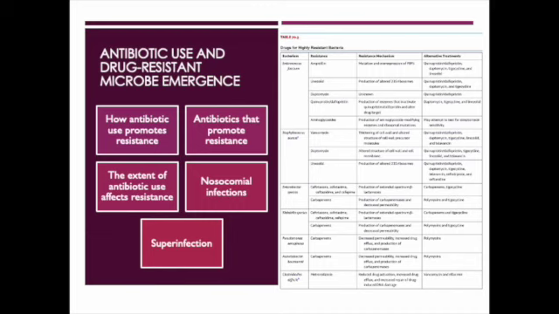So what is the relationship between antibiotic use and this emergent topic of drug resistant microbes? When we use antibiotics, it will promote the emergence of drug resistant microbes. That's just how it goes. But although antibiotics promote drug resistance, they're not mutagenic, and they don't directly cause the genetic changes that underlie reduced drug sensitivity.